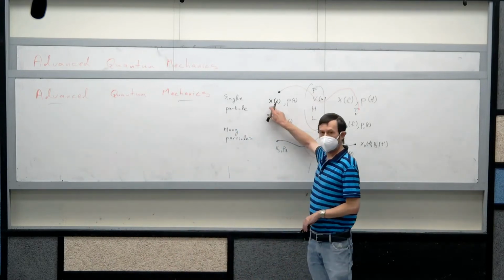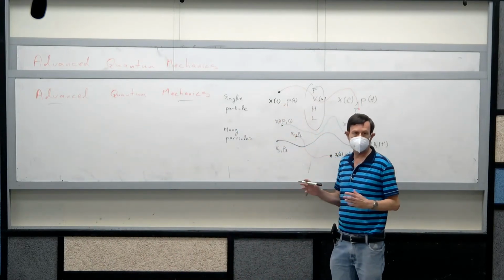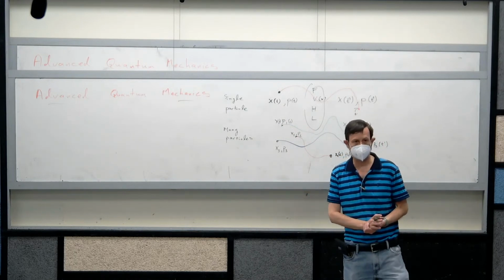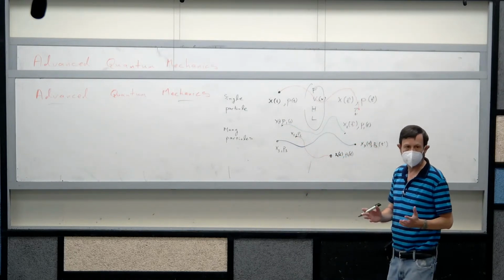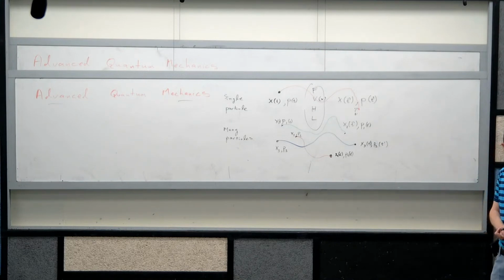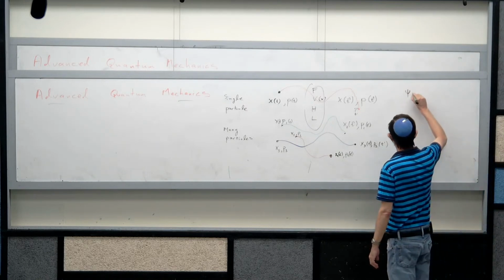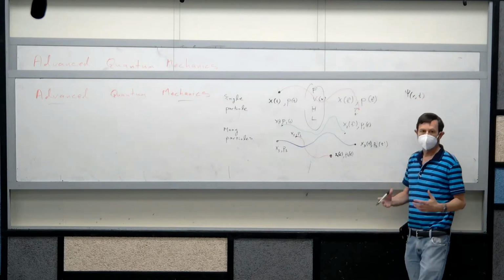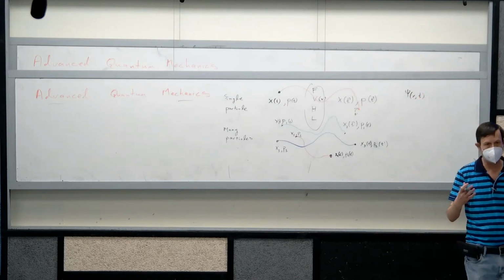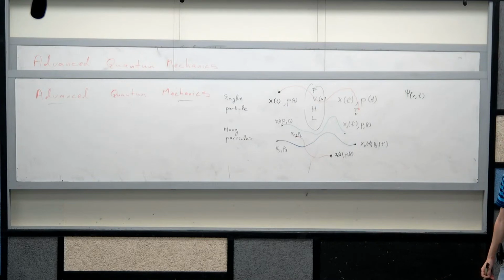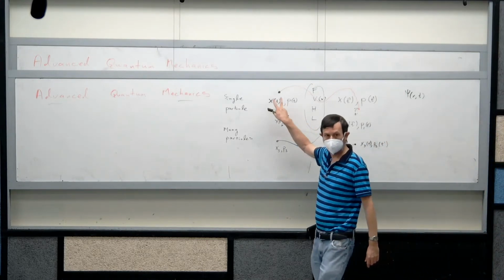I don't have these coordinates to start with. What do I have? Instead of it, I have some wave function at time t. Now, pay attention. I had x and p.